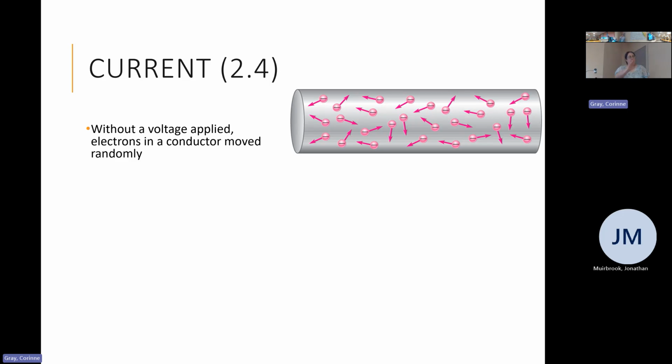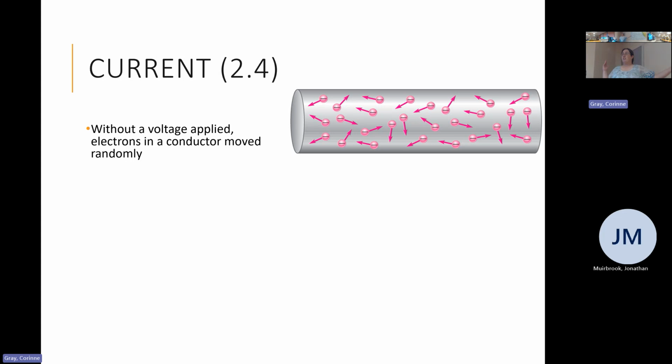What we have here on the right is an image of some sort of conductor that has a bunch of electrons that are just roaming about. This is our sea of electrons.